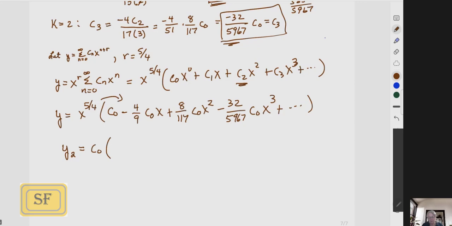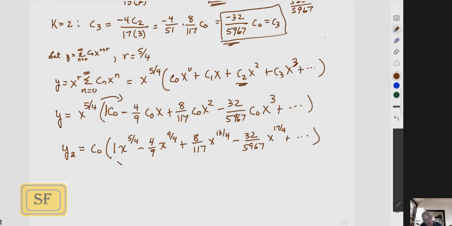Factoring out the C0, I'm going to get 1 times x to the 5/4 minus 4/9 x to the, and I'm adding 1, so adding 4/4 to the 9/4, plus 8 over 117 x to the 13/4, minus 32 over 5,967 x to the, adding another 4 to the numerator, 17/4, and then that continues.